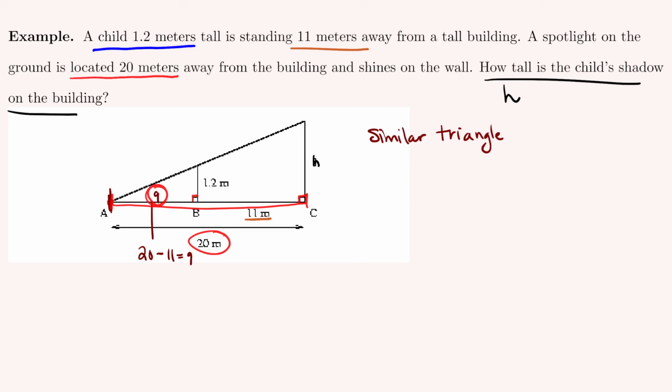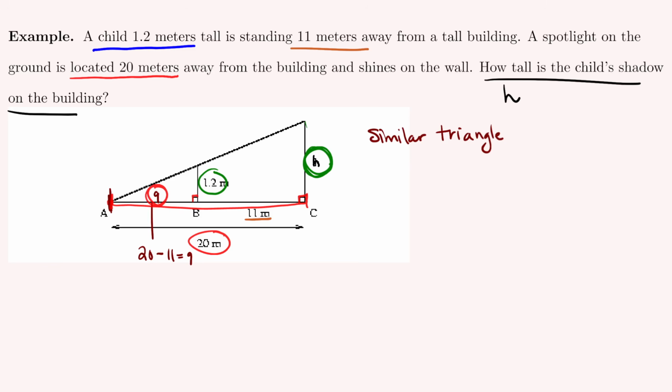We want to then relate the thing that we're looking for, the height of the child's shadow on the building. Well, the height here from the right angle up to the angled portion of the triangle is equivalent in the smaller triangle to the height of 1.2 meters. And this is where in our last definitions it said the ratio of the side lengths must be constant.